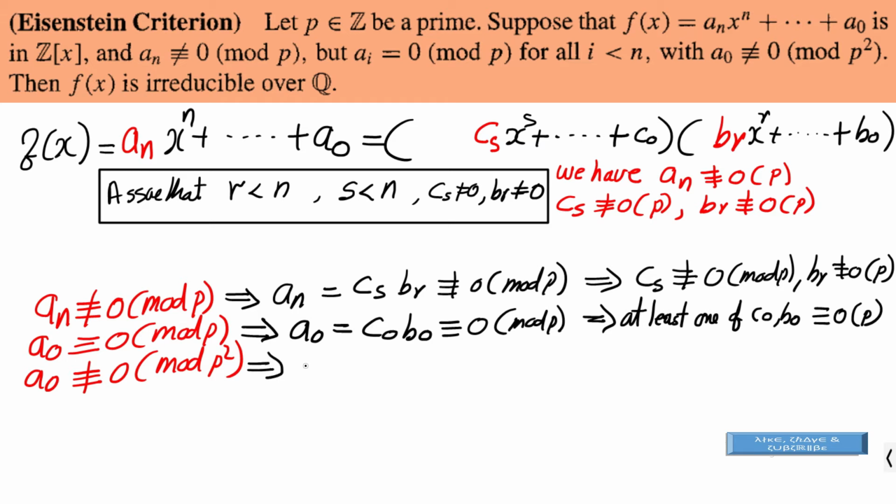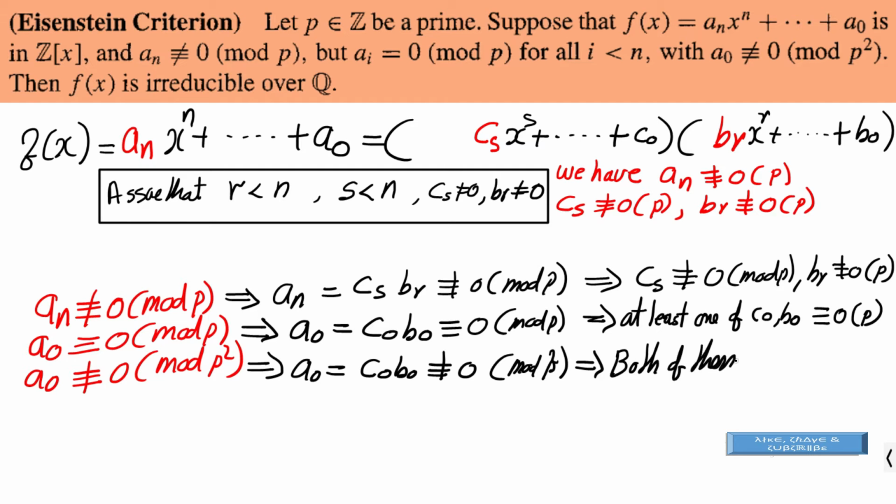Now if I look at the last condition, I have again a_0 equal to c_0 b_0, which is not congruent to 0 mod p squared, which implies that both c_0 and b_0 cannot be congruent to 0 mod p. So for c_0 and b_0, at least one of them must be congruent to 0 mod p, but both of them cannot be congruent to 0 mod p.